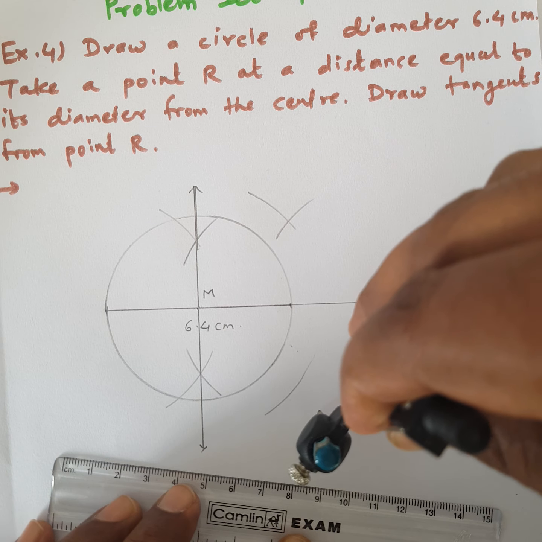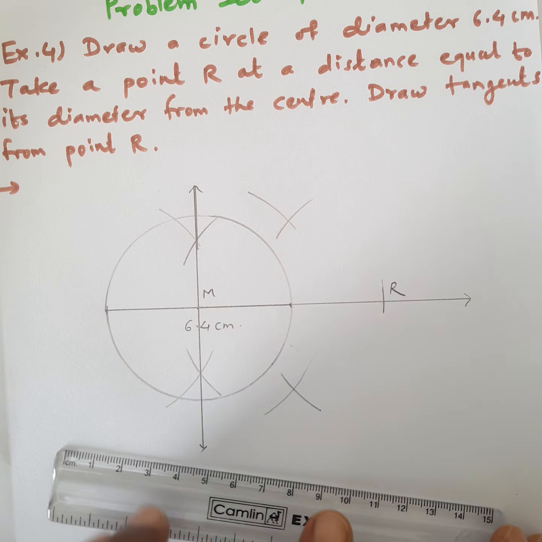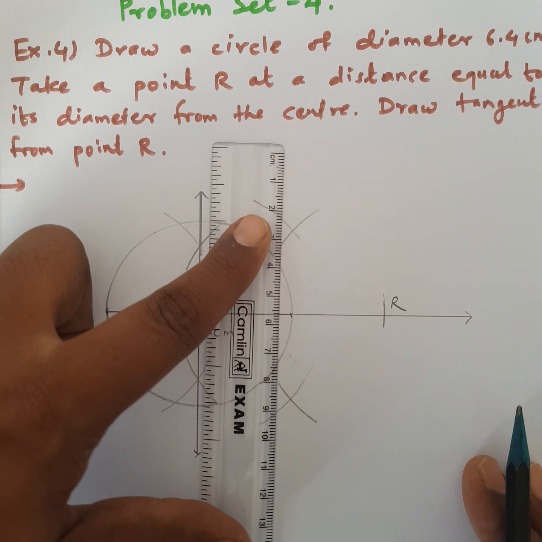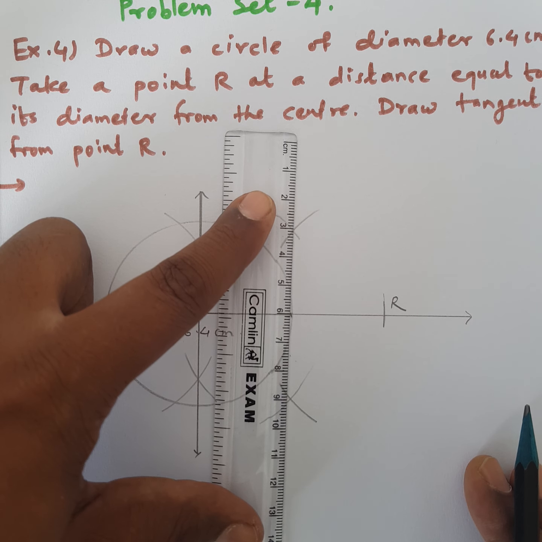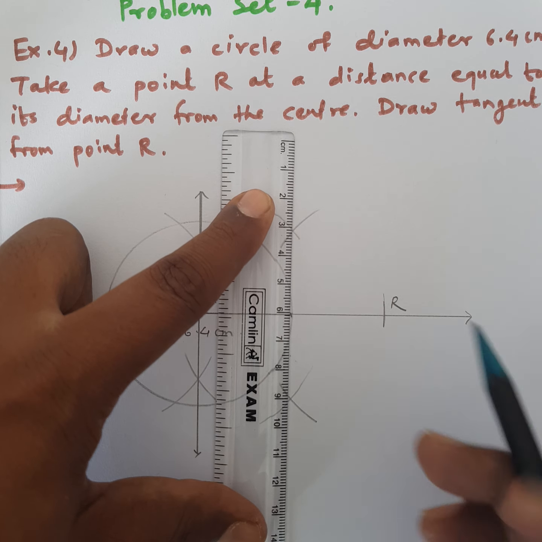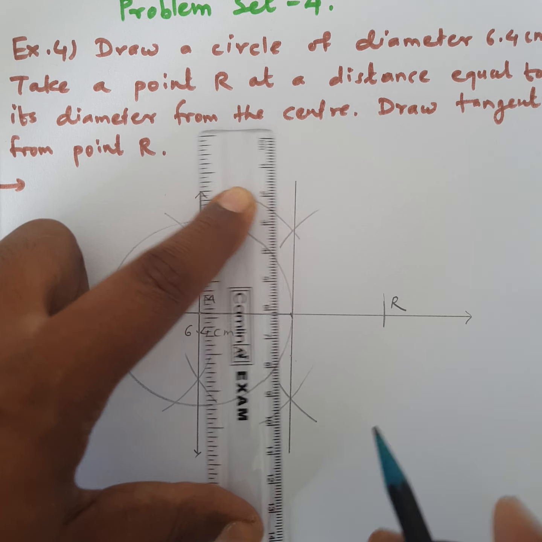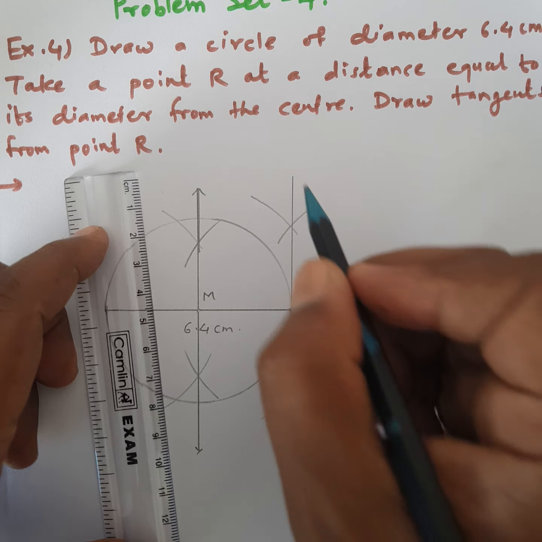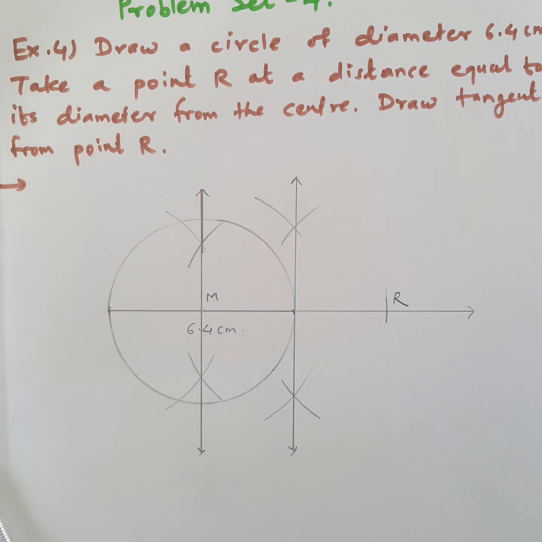Means to draw the perpendicular bisector of segment MR. This perpendicular bisector will pass through this point on the circle, because R is at a distance equal to the diameter.